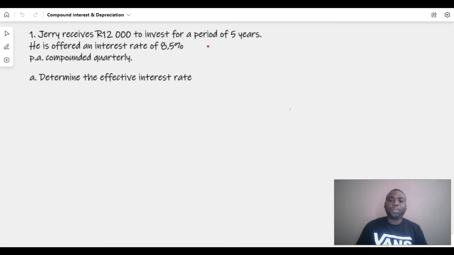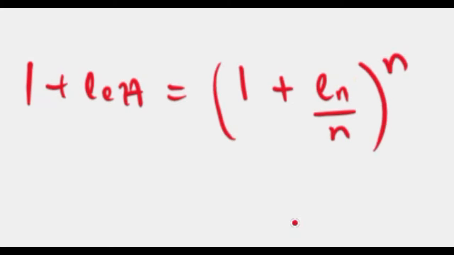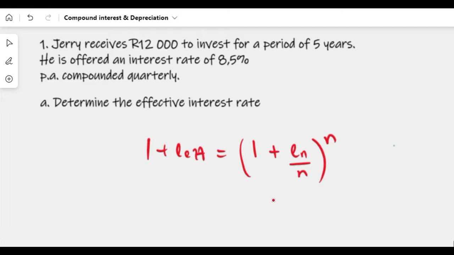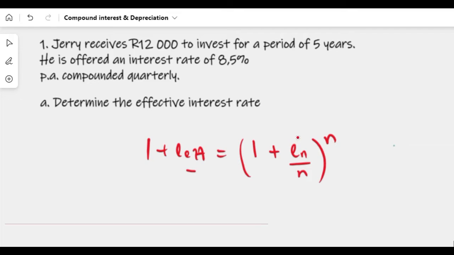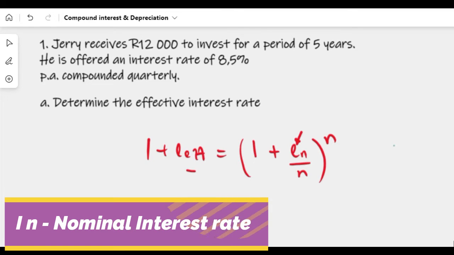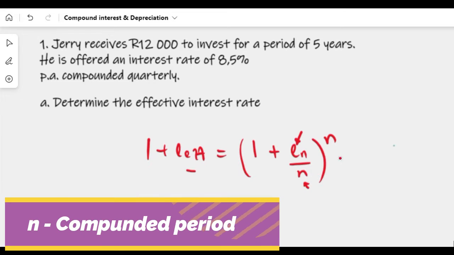Now, to determine your effective interest rate, the formula we use is where i_eff represents the effective interest rate, i_n represents the interest rate you're given in your question, and n represents what it is compounded by.